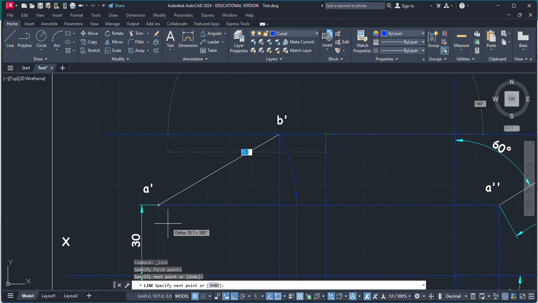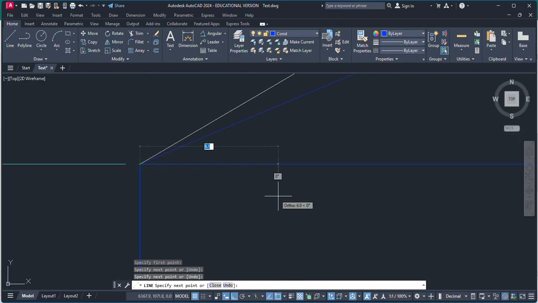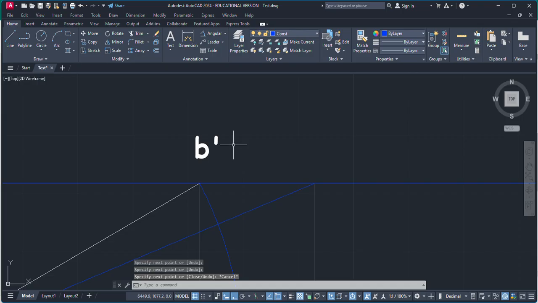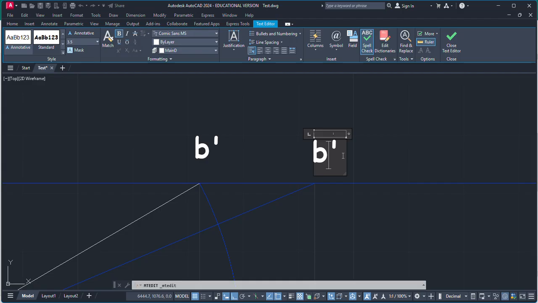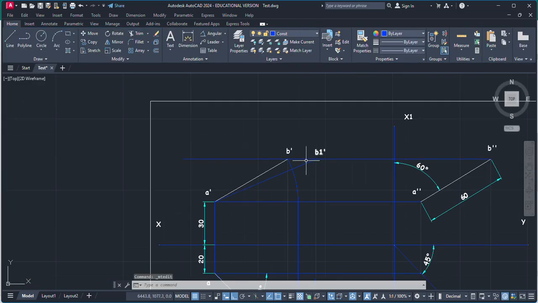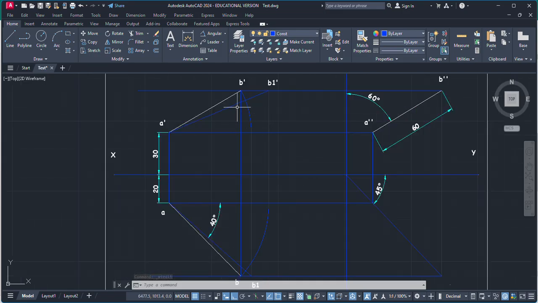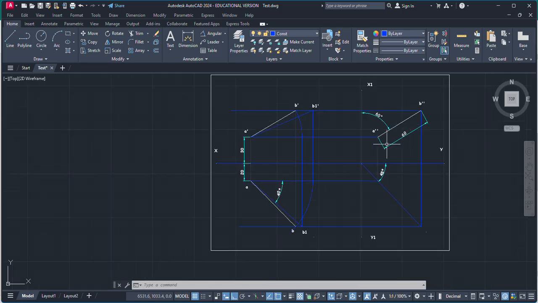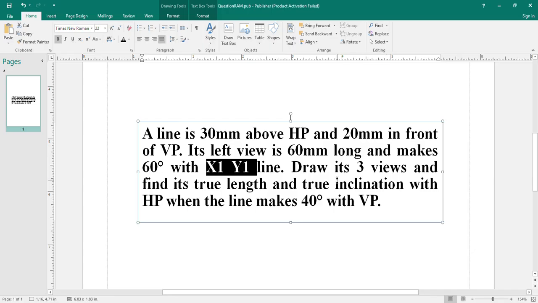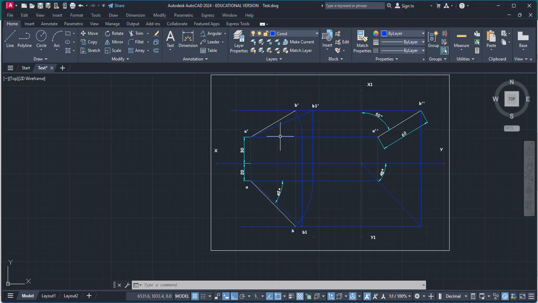Now connect this point with this A dash, and this point is B1 dash. So now our projection is complete. True line and apparent line in the front view, true line and apparent line in the top view, and this is our side view. In the question it has been asked to draw 3 views, so this is front view, top view, and side view.